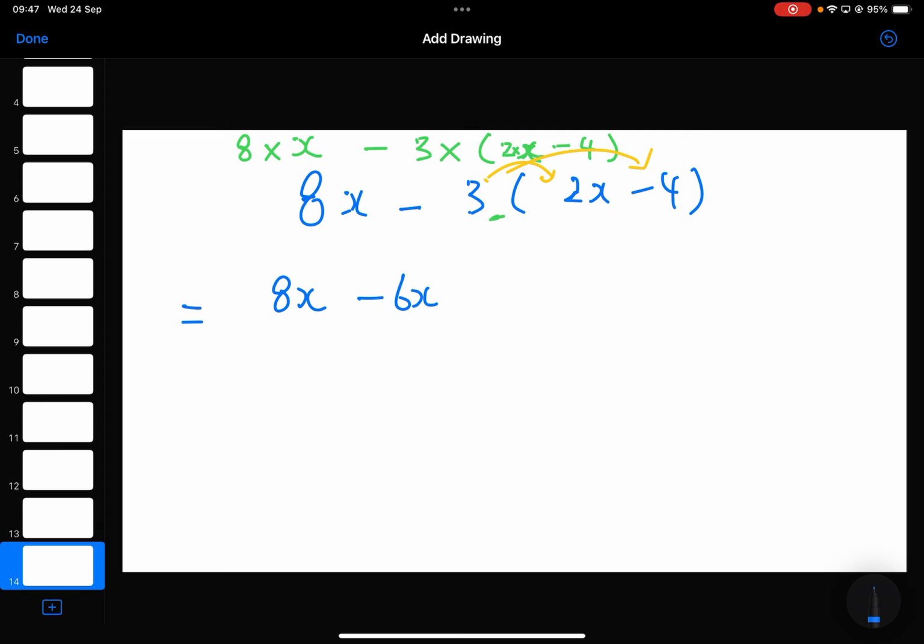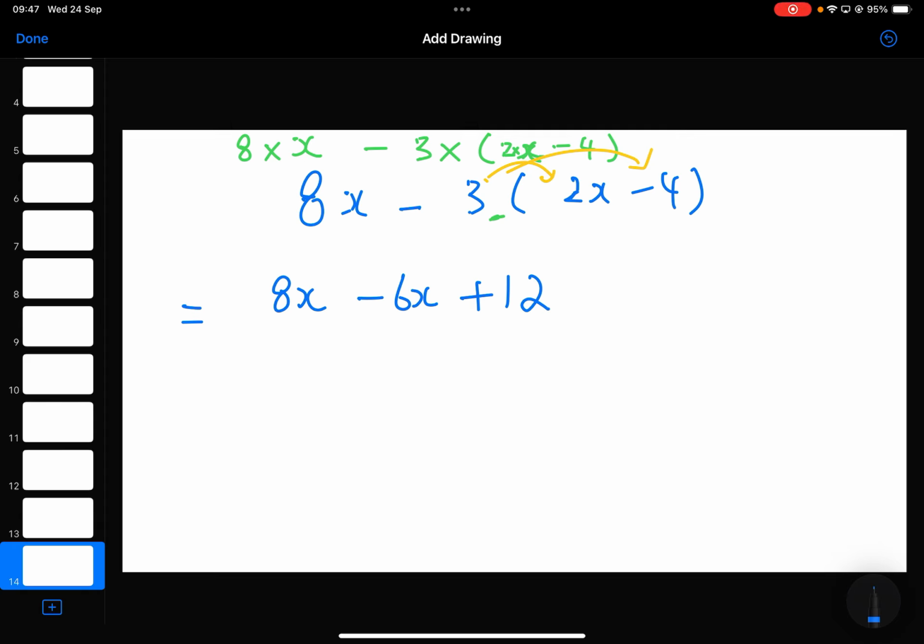Then I must be thinking, minus will become plus. 3 times 4 will become 12. That's why minus becomes plus. This one is minus a positive. That's why it is still minus. But when I minus a negative, it will become plus.